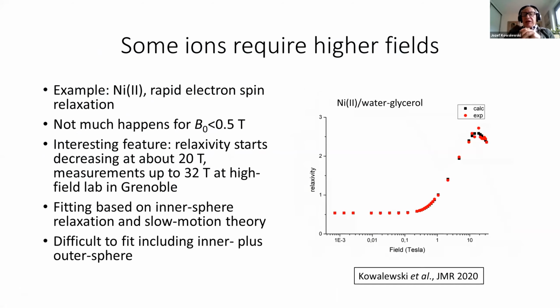Now, gadolinium has an interesting structure at rather low magnetic fields of the gadolinium solutions. Some ions want higher fields in order to get any action. If you just measure at low field for nickel in water, you get a flat line.